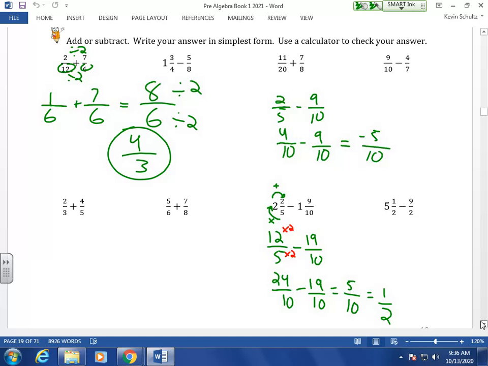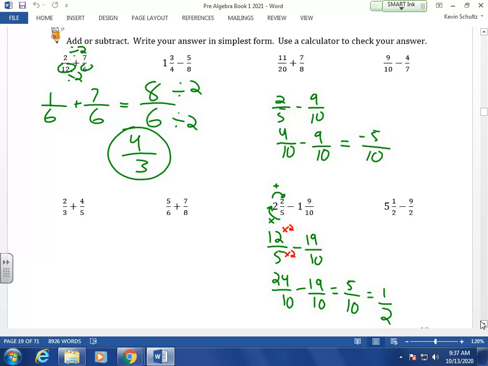And then do what? 3 and 1/2? Well, that's a negative 5/10 right now. Oh, 1 and 1/2. How would we get to 1 and 1/2 from negative 5/10?